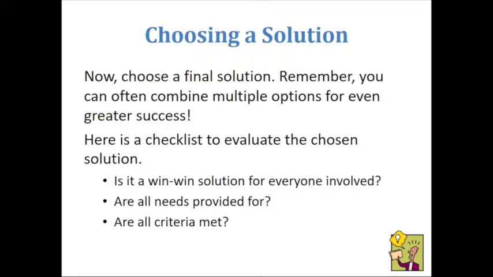Are all the criteria met? And not listed on here, are you in integrity with yourself, in that you were honest with what your wants were and your needs, and that you acknowledge them throughout the process and the discussion, and you didn't give away something that was really important to you?